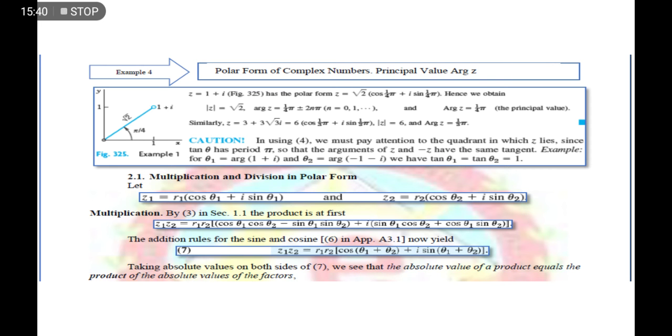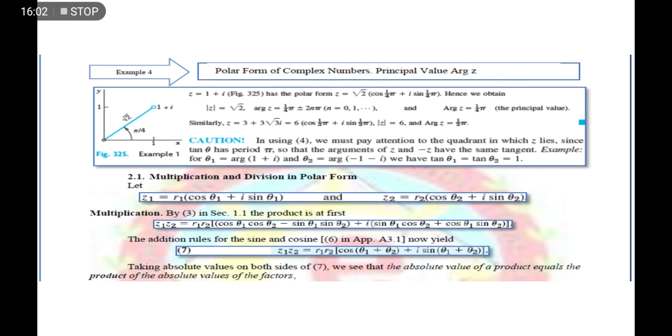So here we are in the multiplication and division of the polar form. If we have a complex number that is expressed in terms of polar form, we can actually multiply them by using this method here. For example, we have z1 equals r1 cosine of theta 1 plus i sine of theta 1, and z2 equals r2 cosine of theta 2 plus i sine of theta 2.